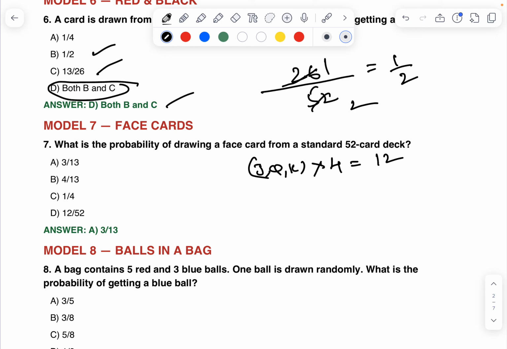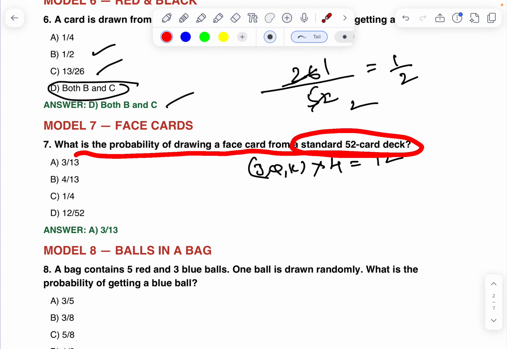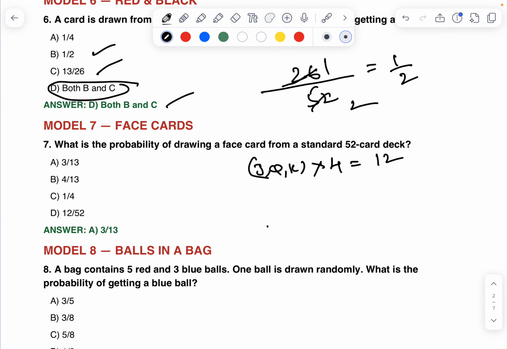Because in clubs there are J, Q, K, in spades they are J, Q, K, in hearts, in diamonds also. Therefore J, Q, K into 4, that is equal to 12. They are asking what is the probability of drawing face card from a standard 52 deck. Therefore denominator 52, total outcomes. 12 by 52, that is equal to 3 by 13 is the answer.